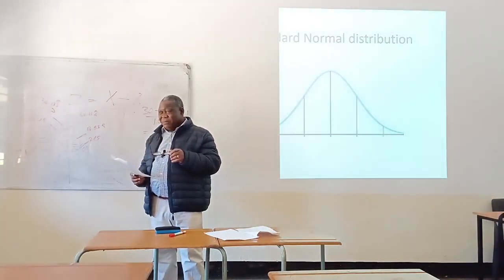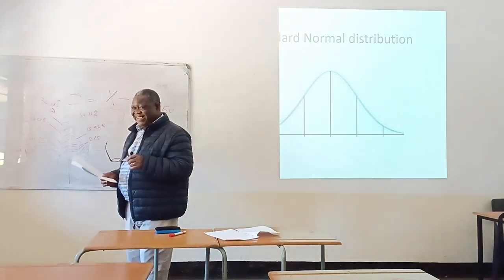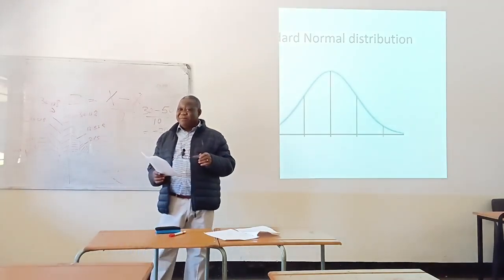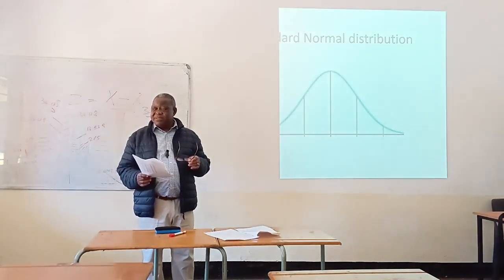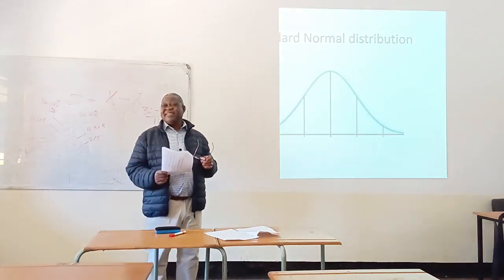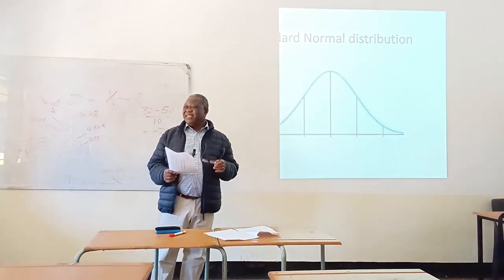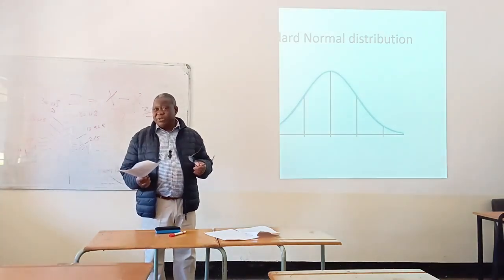Look at the third column. The third column is 0.0228. If you multiply that by 100 to get percentage, it will be 2.28.